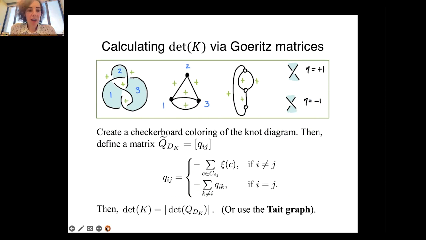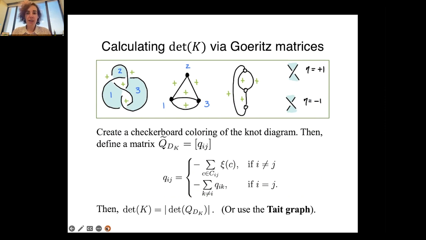What we can do is, with a knot diagram, find a checkerboard coloring, like what is pictured here in the image, a checkerboard coloring of the figure 8 knot. And when you want to calculate the determinant in this way, you define a matrix, and the entries of the matrix are going to be populated by taking the signed sum over adjacent shaded regions.